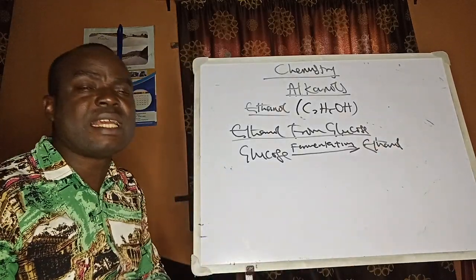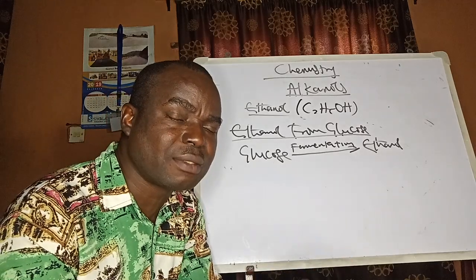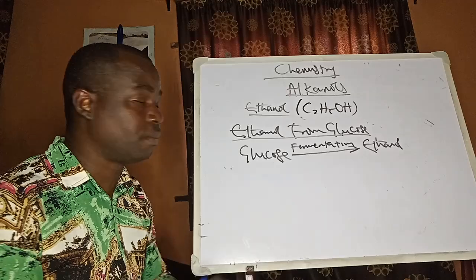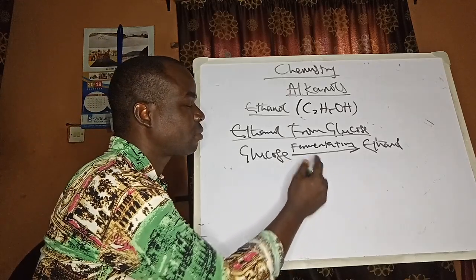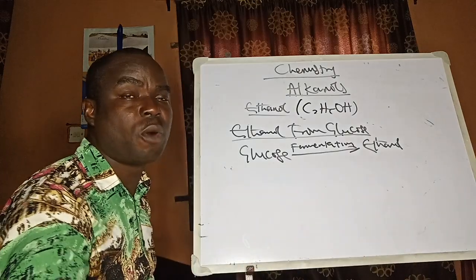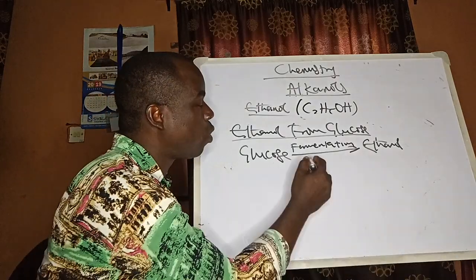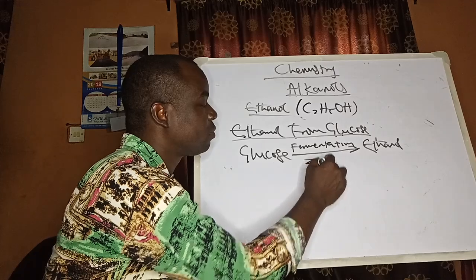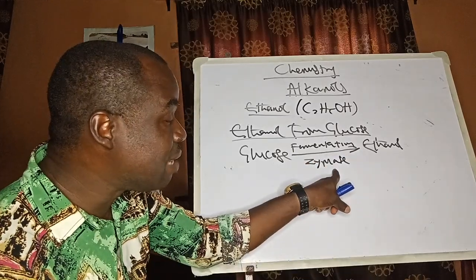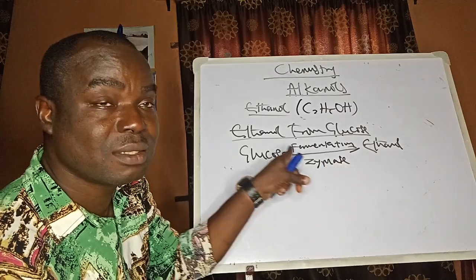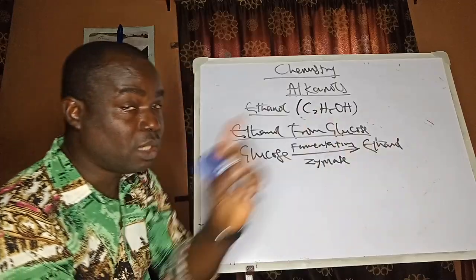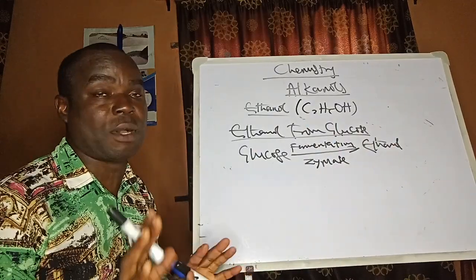But there is an enzyme that is responsible for that fermentation. Please take note of that name. The enzyme responsible for fermentation of glucose to form ethanol is called zymase. Take note of this. The zymase converts glucose to ethanol.